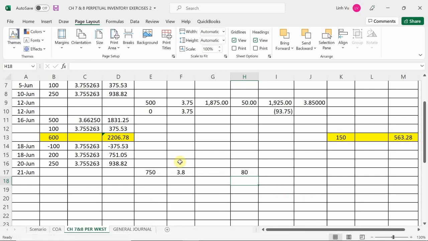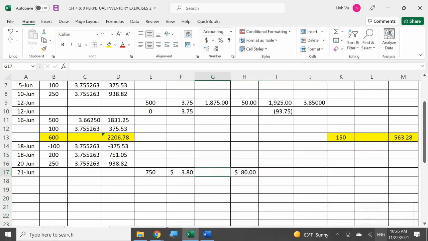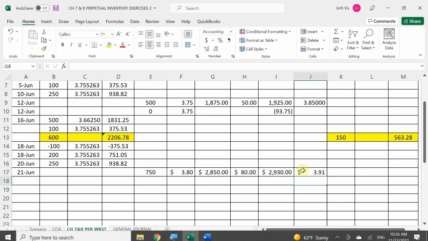So what's my total purchase price here? $2,850. 2,850 plus $80 is 2,930. All right, bring in my cost per item to be $3.96.